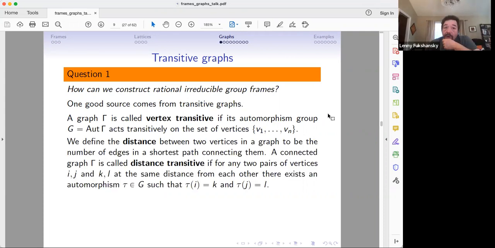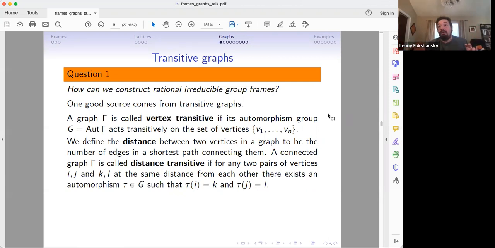Now, there is a stronger notion of distance transitivity. The distance between two vertices is just the minimal number of edges I need to travel to get from one vertex to the other. So suppose my graph is connected, then it's called distance transitive if I pick any two pairs of vertices, say i, j and k, l, at the same distance from each other, then there exists an automorphism that takes i to k and j to l, right?